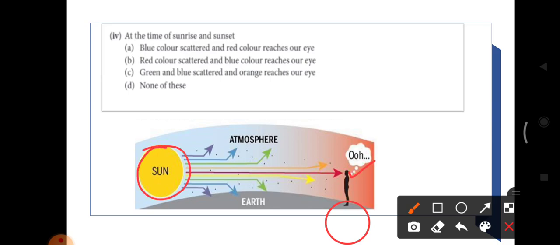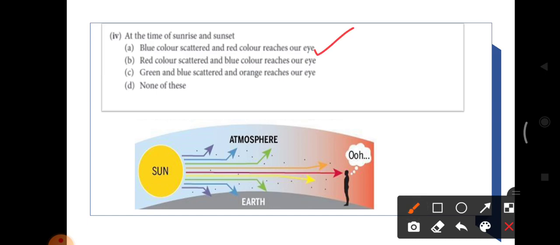So when the sunlight enters the earth's atmosphere, mostly the shorter wavelengths are scattered away. Finally, only the red color reaches our eye. So during sunrise and sunset, the sun appears red. So the correct answer is blue color scattered and red color reaches our eye. This is the correct option.